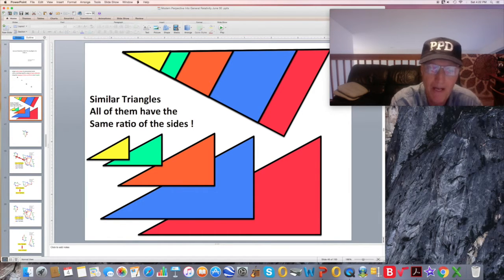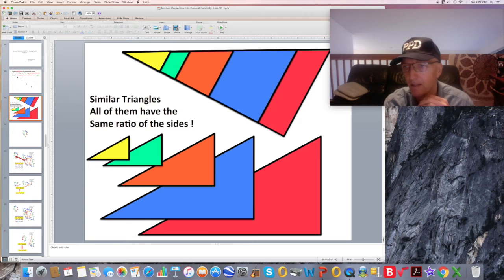When you have that, and the far angle opposite the quarter turn is equal in all the triangles, then the triangles are similar.